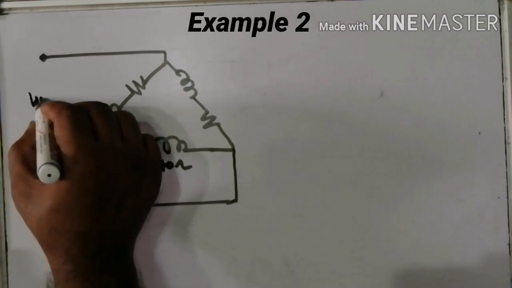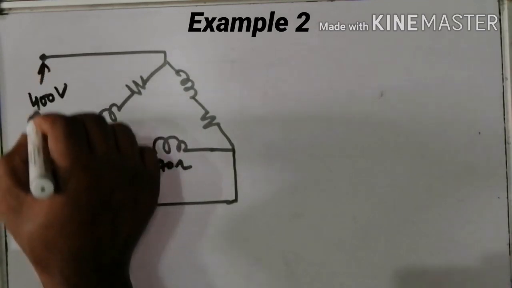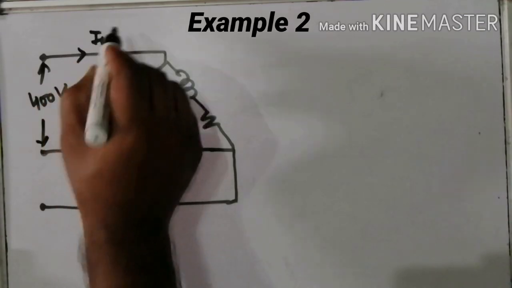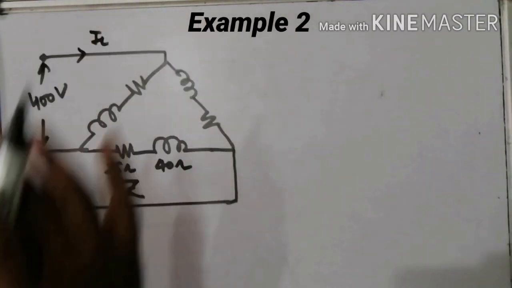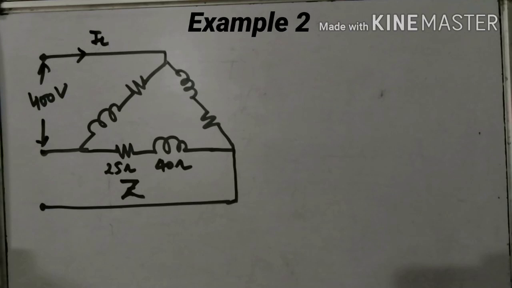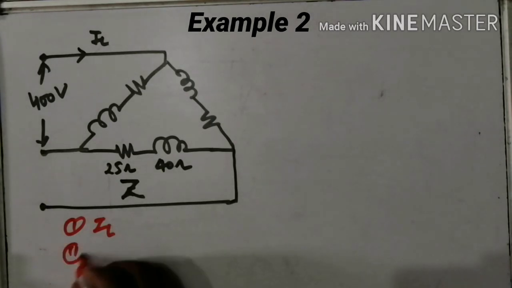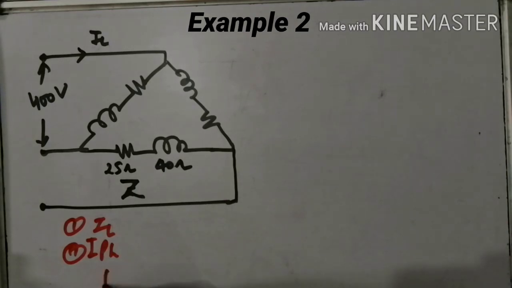Here voltage is 400 volt and this one is current, load current, or you say line current. Calculate number 1 line current, number 2 phase current, and third part is power.